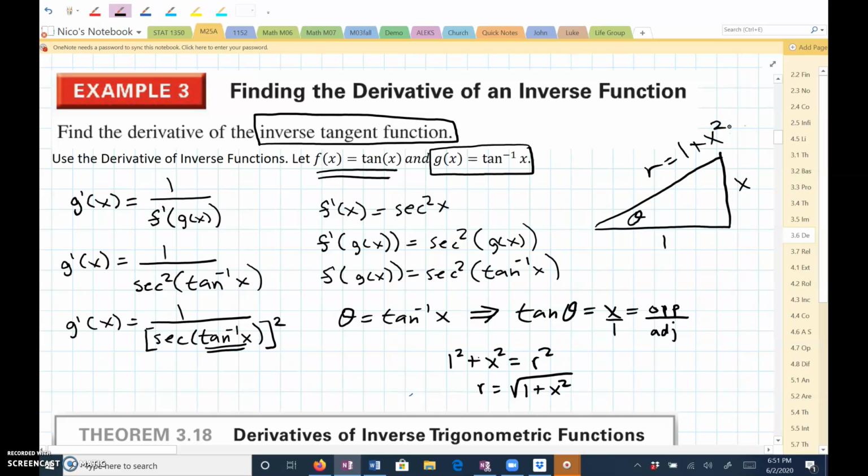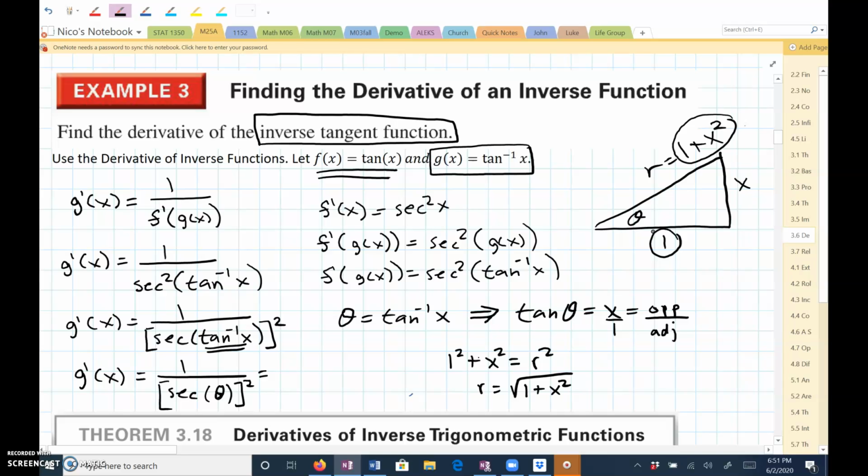And now, to solve this, I'm going to do g prime of x equals 1 over secant of theta, and I'm going to square that. So look at this. We know that secant is the hypotenuse over the adjacent side.